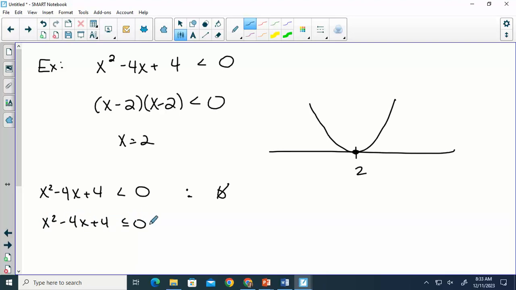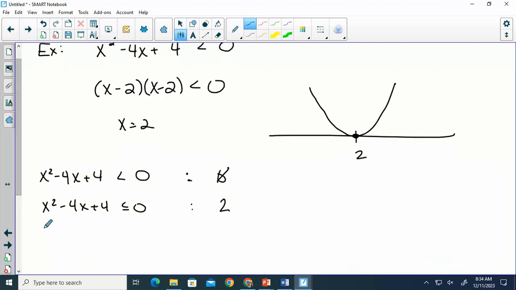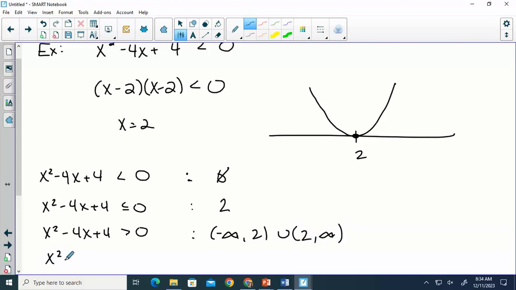What if I asked when it was less than or equal to 0? Would that be 2? It would just be 2. Only that point. What if I asked where it was greater than 0? What if I asked greater than or equal to 0?